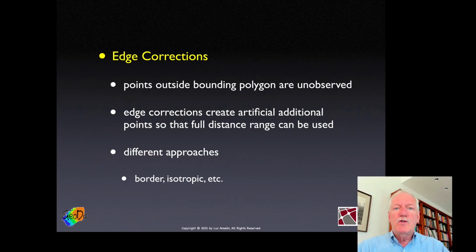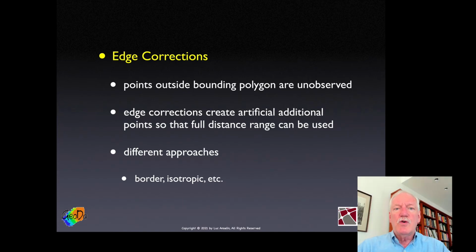And so to correct for the fact that this may be artificial, in other words, if we have the nearest neighbor outside the bounds, then our measure of nearest neighbor will be too long because we're limited to taking the ones that are inside the bounds.